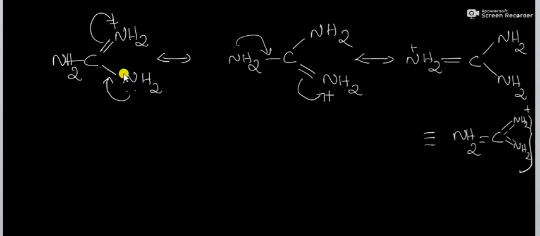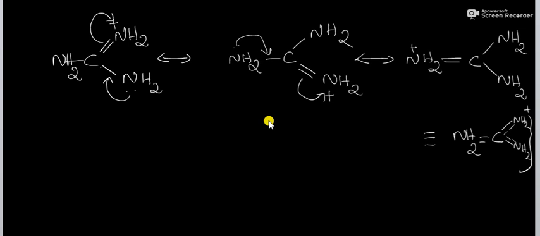The lone pair of electrons present on nitrogen can donate to this bond and the double bond shifts to nitrogen, and we get this resonance structure. Again, the lone pair on nitrogen can shift to this bond and the double bond can shift to this nitrogen and we get another resonance structure. And the resonance hybrid is this structure. Here, the positive charge is delocalized over all these nitrogen atoms. That's about the basicity of guanidine.